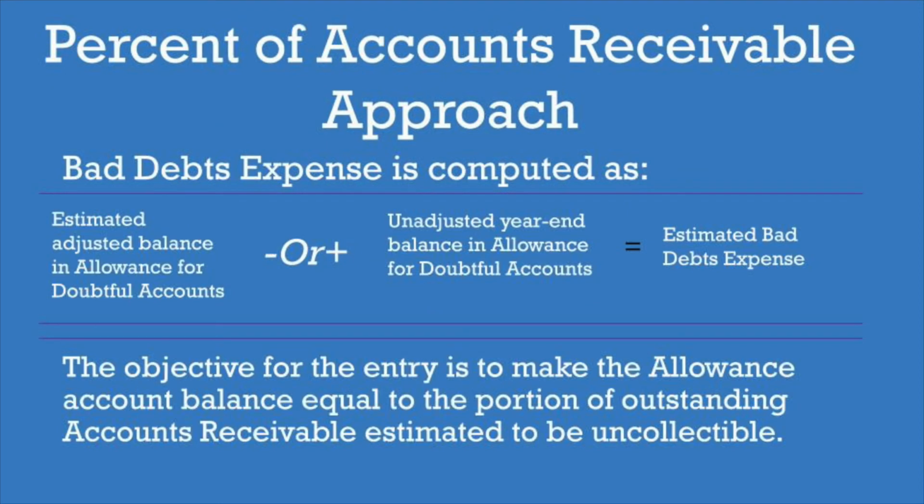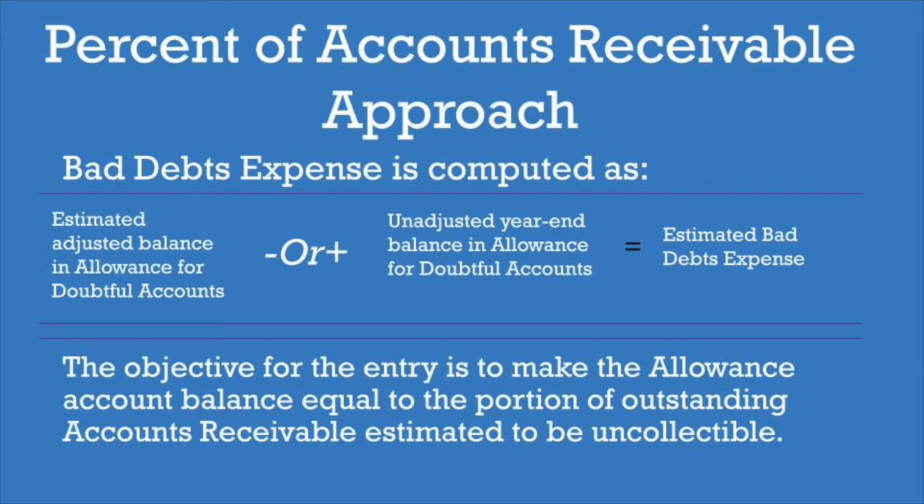So what we need to do is figure out the mechanics of this percentage of accounts receivable method. And it's pretty straightforward. You have this allowance for doubtful accounts. It's going to have a balance in it. And then we're going to figure out, well, what is the estimate for this year? And we're going to add to that balance the estimate for this year.